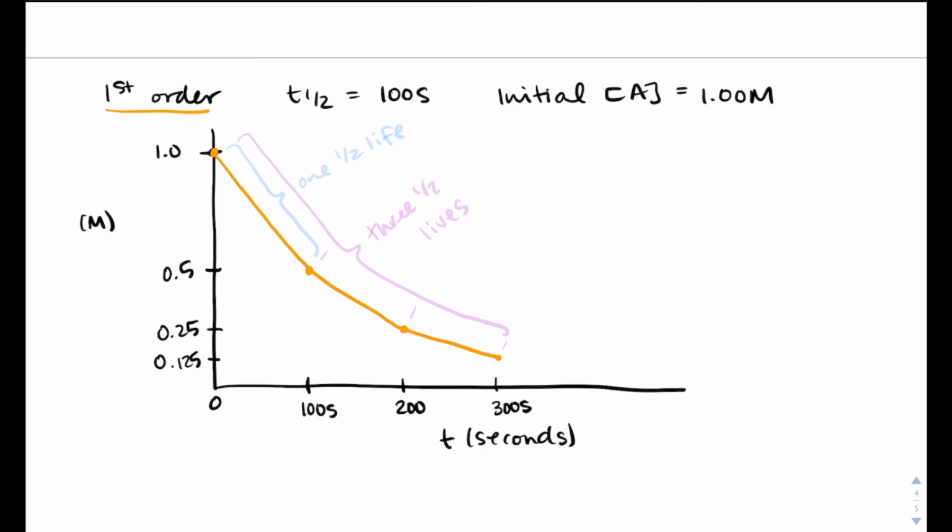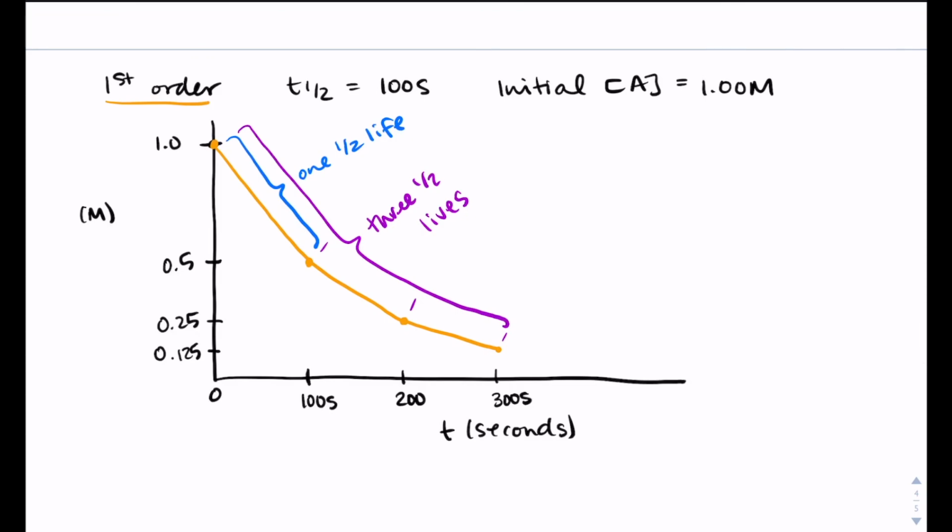In the next 100 seconds, it will go from 0.25 to 0.125. So every half-life, the concentration is cut in half. This is a first order reaction that I've plotted here, which is why my half-lives are all the same length. So 100 seconds for the half-life. For a first order reaction, the half-life is not concentration dependent, and that's why it's plotted here.